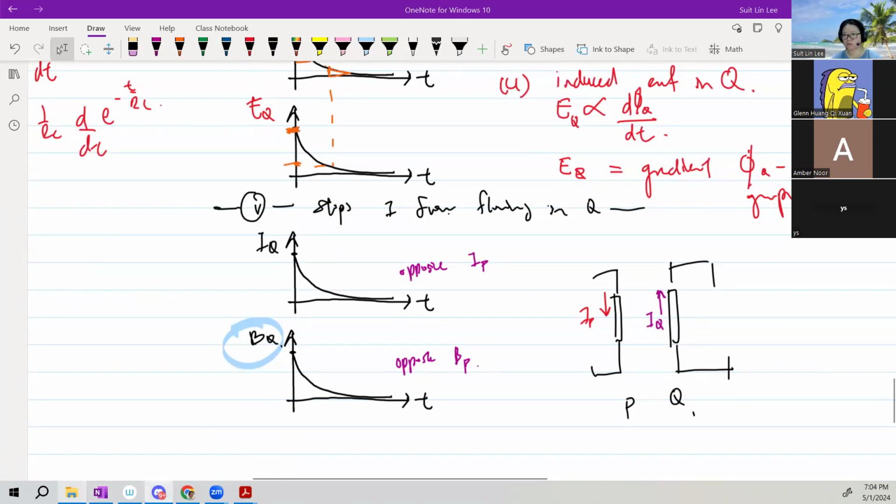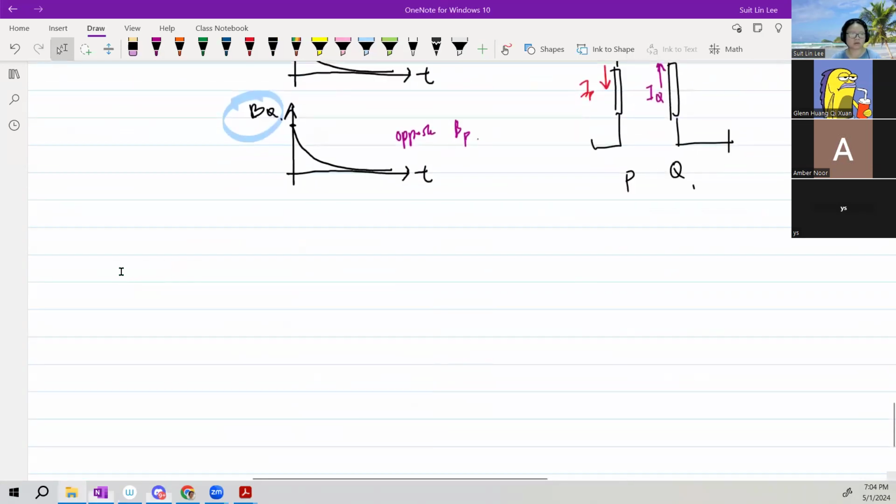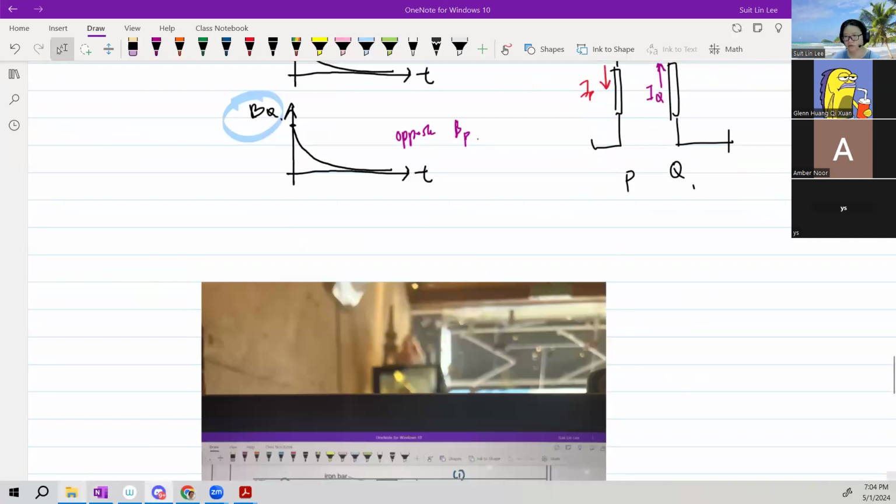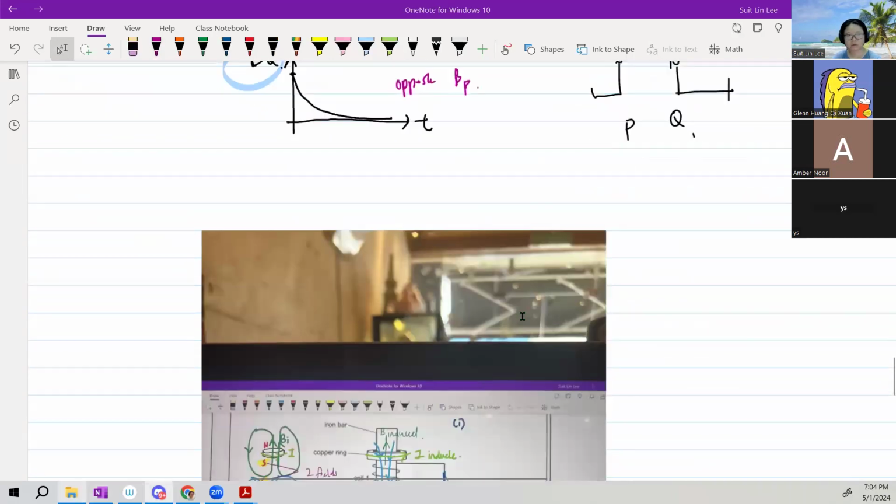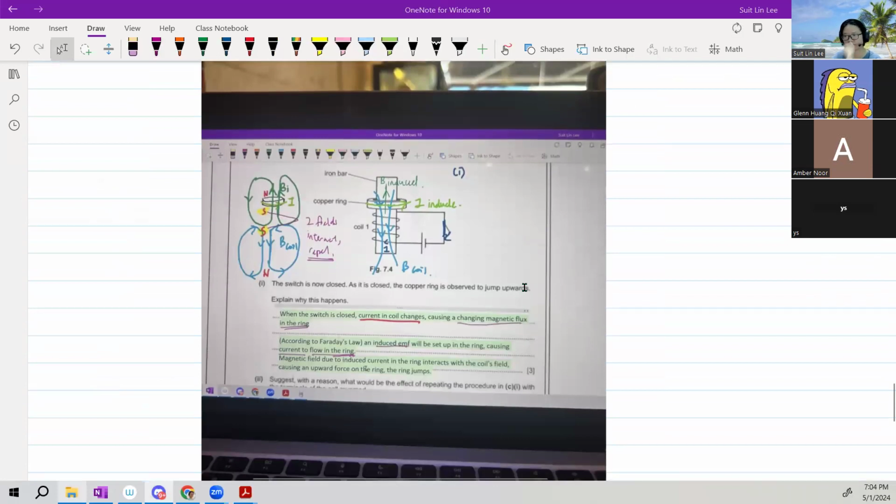Okay. The next induction question, many induction questions. Let me try to understand STEM. Okay, if you want to use Fleming's left-hand rule for this one, it's a bit tricky.